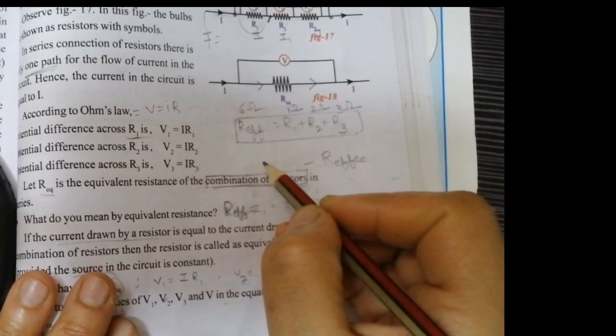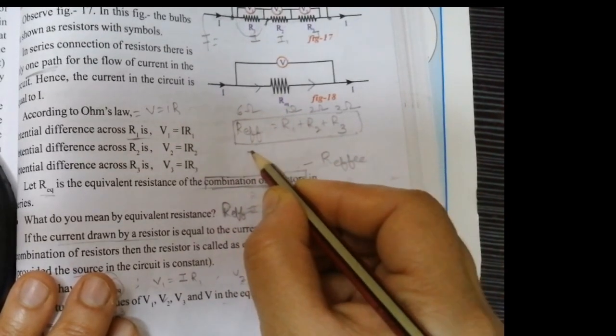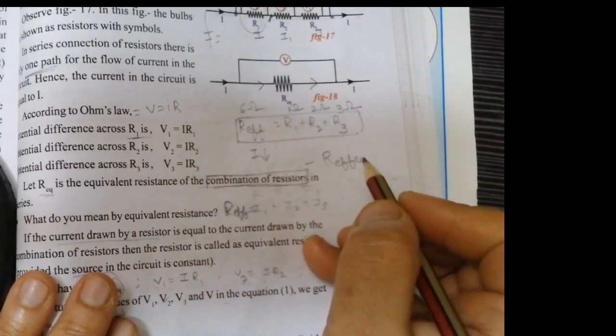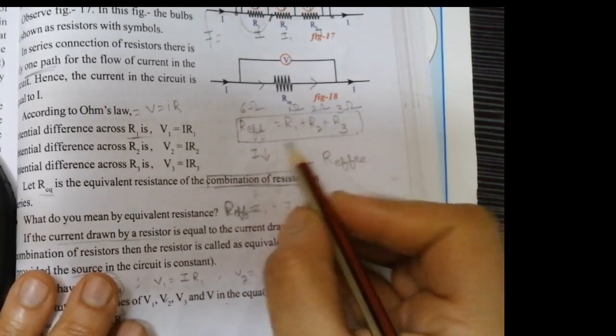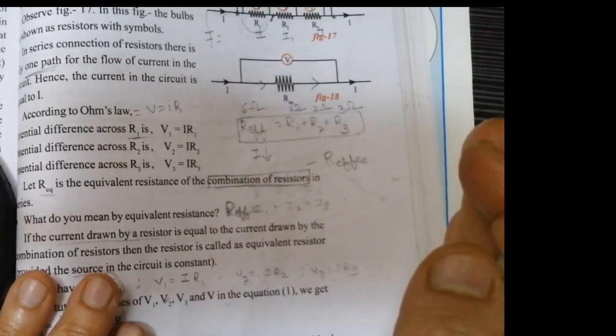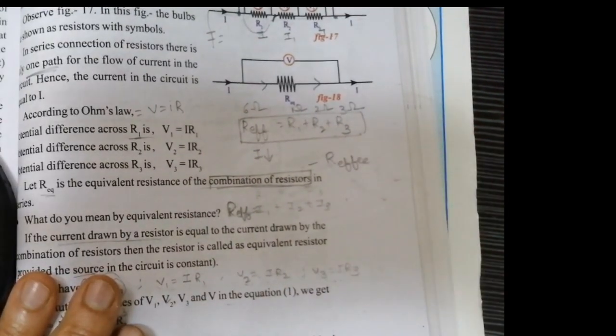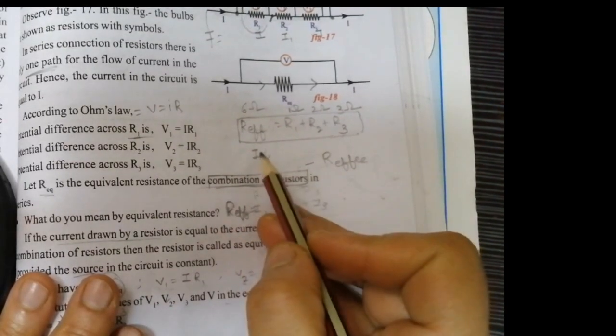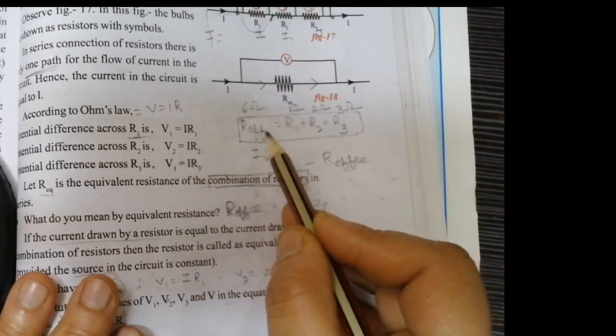If the resistance is more, what happens? The flow of current will be less. So mostly we prefer parallel connection in housing, because in parallel connection the resistance will be less. If the resistance is less, current will flow more, meaning the obstruction of current will not be much. But in series connection the resistance is more.